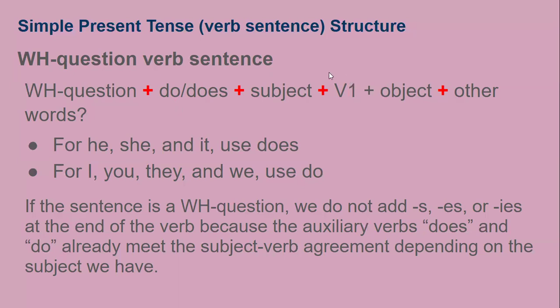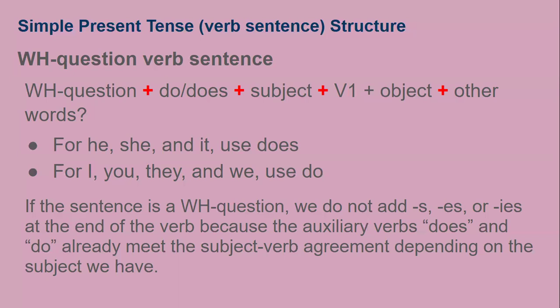You do not change the verb. You leave it in its original infinitive form if your sentence is a WH question, if your sentence is a yes-no question, if your sentence is a negative sentence. You only change it for the subjects he, she, it if your sentence is a positive sentence, as we saw in our first video on the simple present tense part 1.